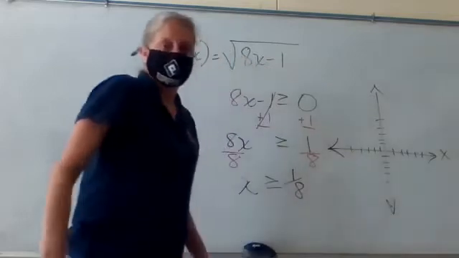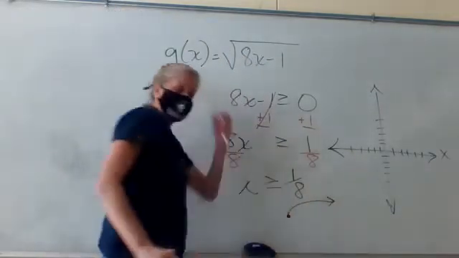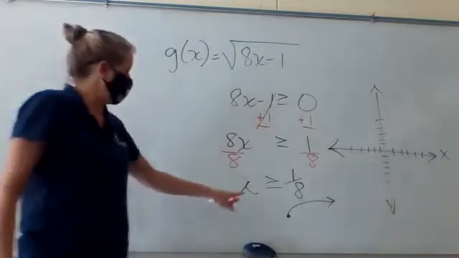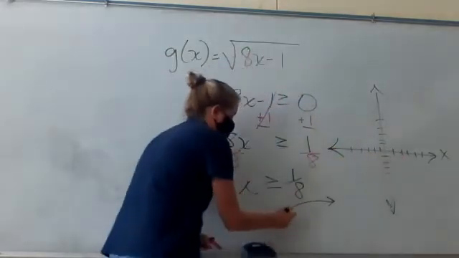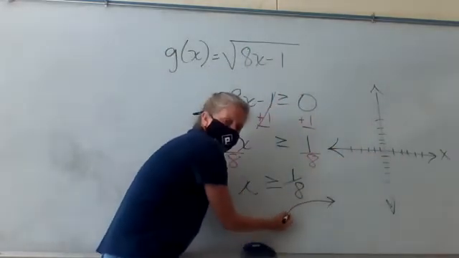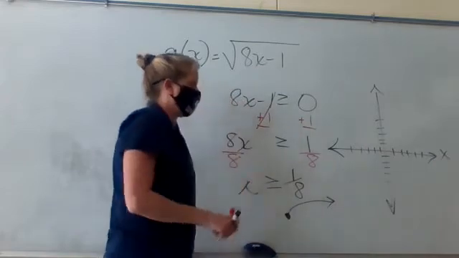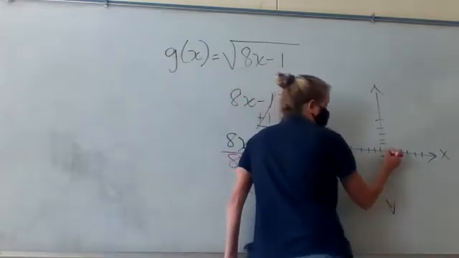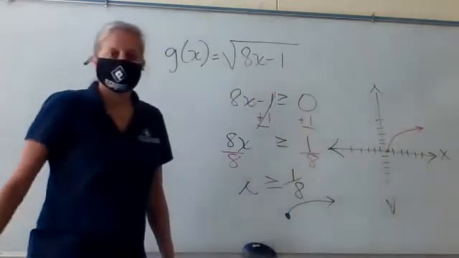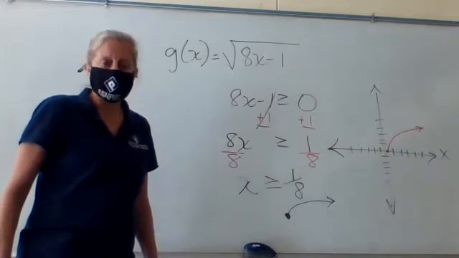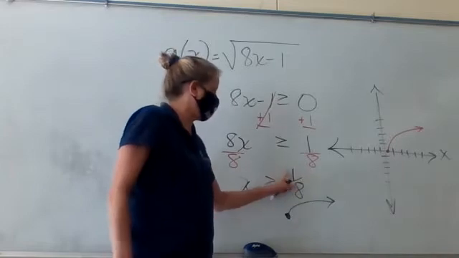it's going to have the square root shape, which is this. But this says the x values. Here's my x values. This is telling you where this shape starts. It can't be below 1/8, which means it starts just to the right in the positive area of the x's, right? That's where the x starts at 1/8.